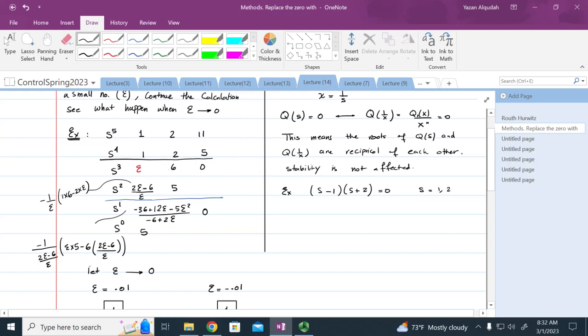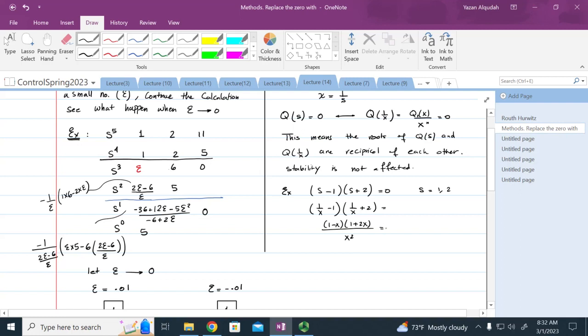What if I replace s with 1 over x? I'm going to get 1 over x minus 1 multiplied by 1 over x plus 2, which is going to equal x squared times 1 minus x multiplied by 1 plus 2 multiplied by x.